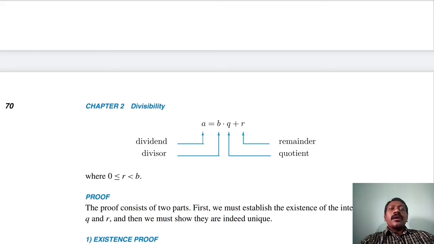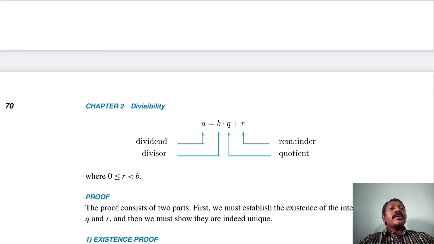Okay, and the constraint condition 0 less than or equal to r less than b means the remainder r should be greater than or equal to 0 and it must be less than b.